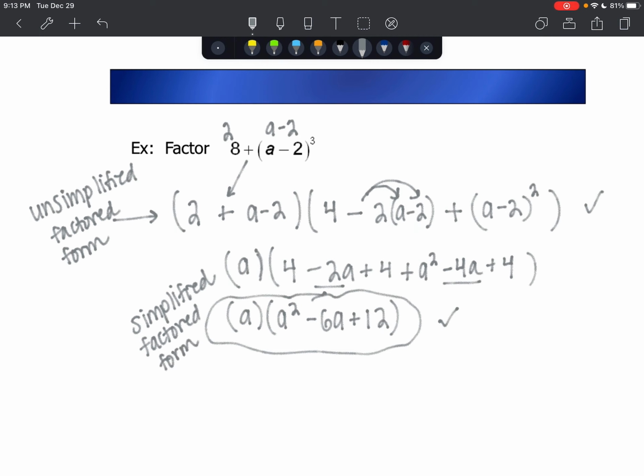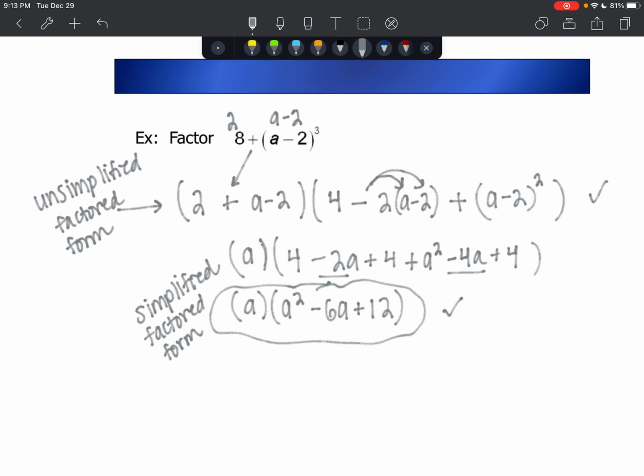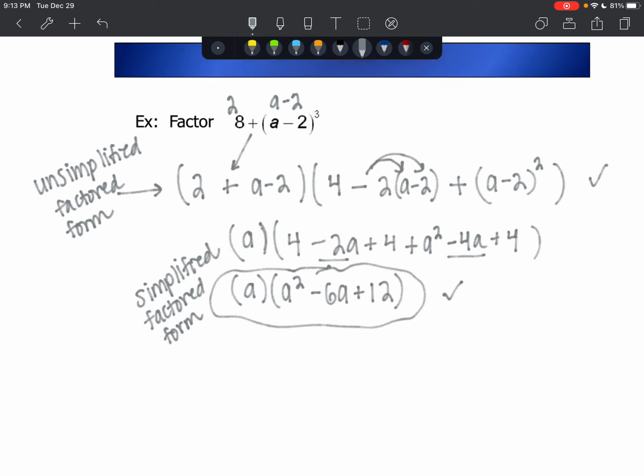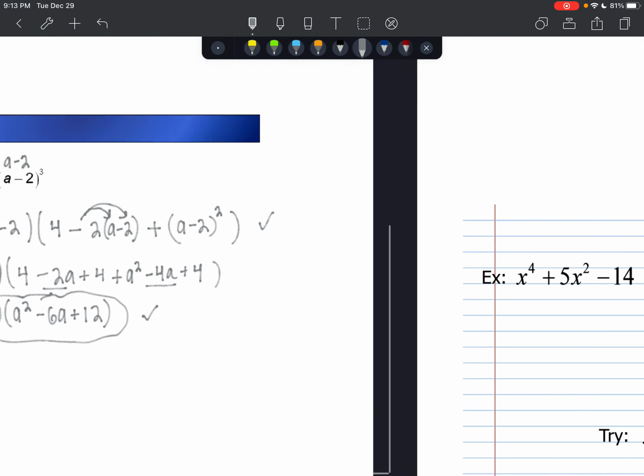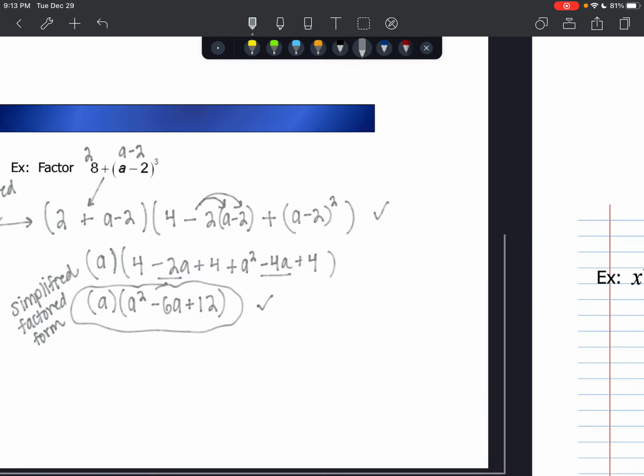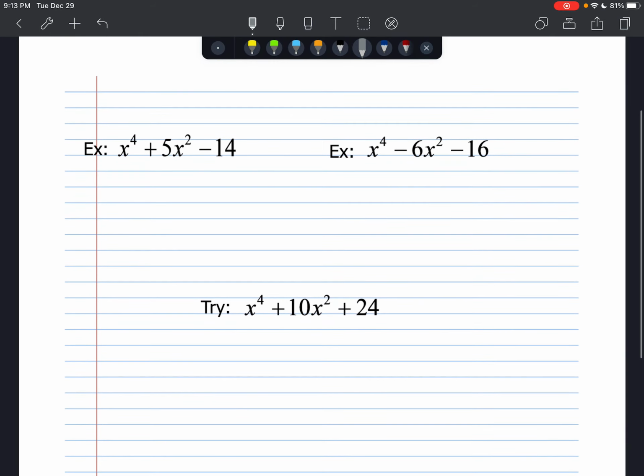So you're just going to have to check your answer key and see how far in the answer some of these problems go. And if you need to keep simplifying, keep simplifying. It's good algebraic practice, and that's likely why they're there. Okay, in the next video, we're going to come back to these quadratic in nature problems because they pop up all over the place, and we want to get really, really good at factoring them.